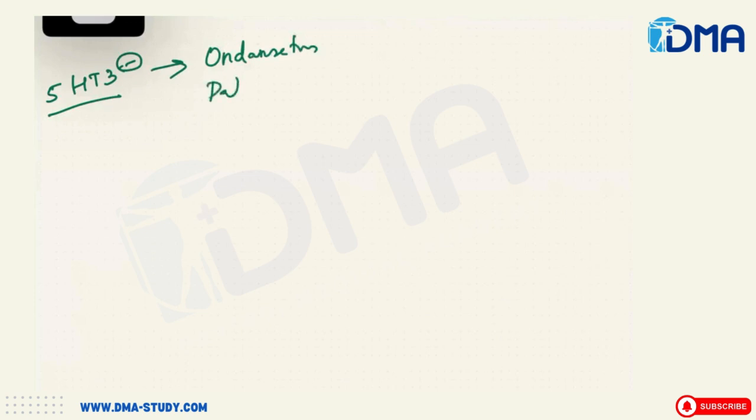Then what else? This ondansetron, those are all serotonin receptor blockers, 5-HT3 receptor antagonists. 5-HT3 is nothing but serotonin, so 5-HT3 receptor blockers are all setrons: ondansetron, palonosetron, ramosetron, granisetron.